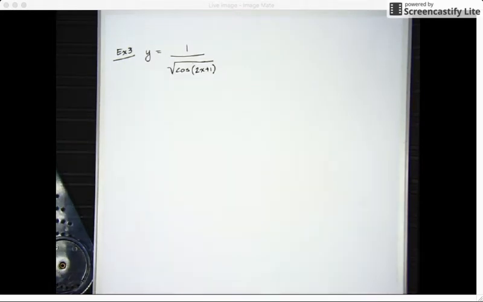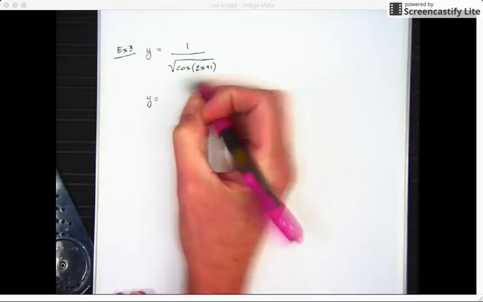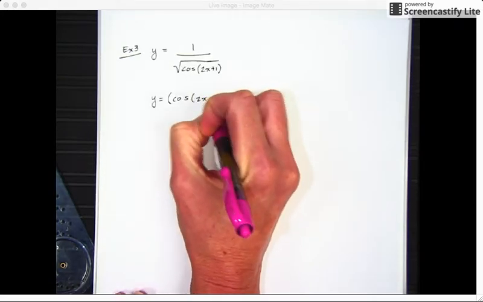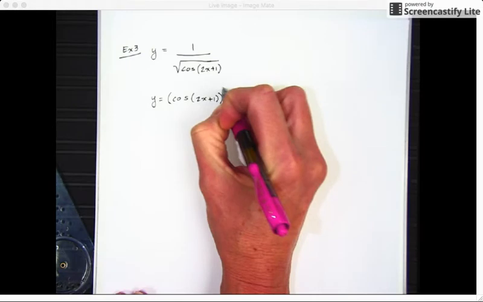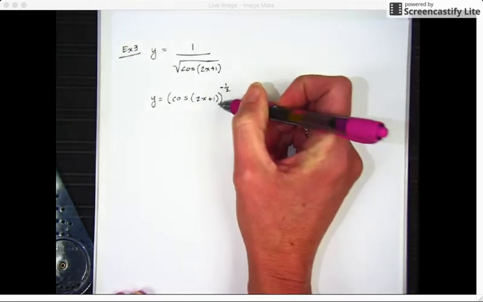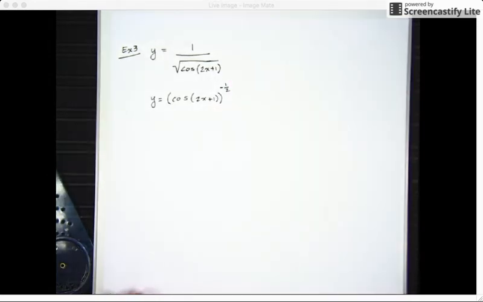But when you do that, the exponent will then have the opposite sign. So I'm going to rewrite this equation here by putting cosine of 2x plus 1, and that's now going to be raised to the negative 1/2. Half because it's a radical, and negative because I moved the denominator to the numerator.